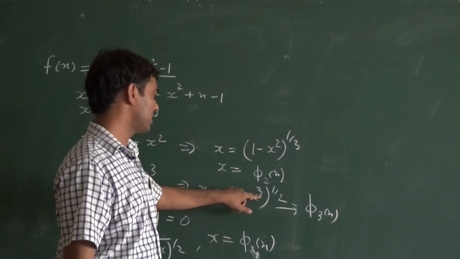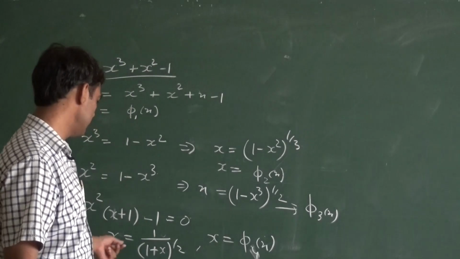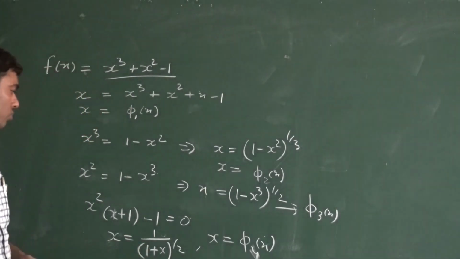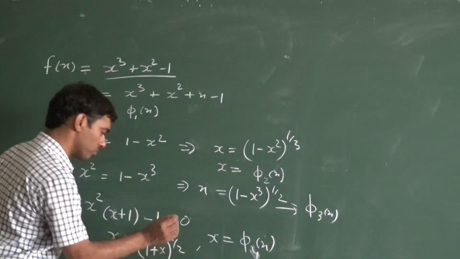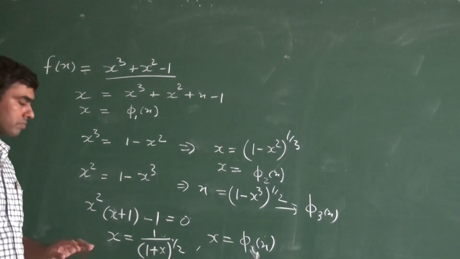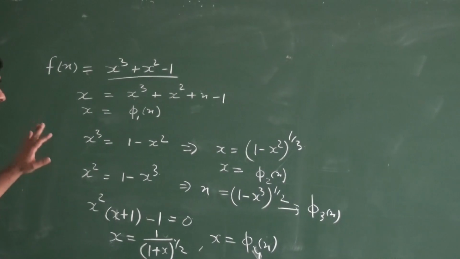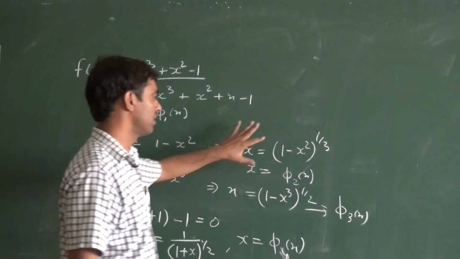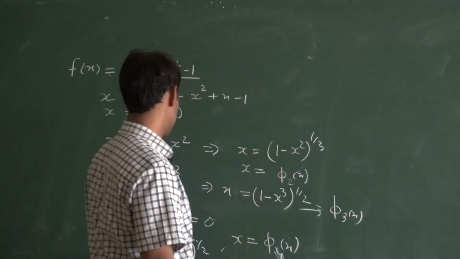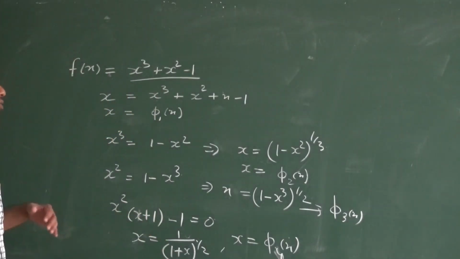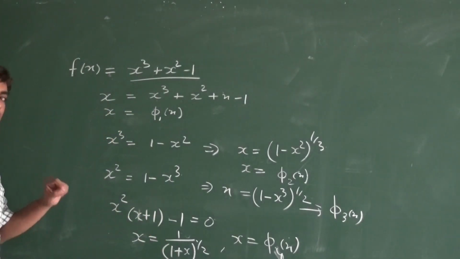And here 1 minus x cube to power 1 by 2, and here 1 upon 1 plus x to power 1 by 2. So we choose such a function phi x which converges to our actual root.